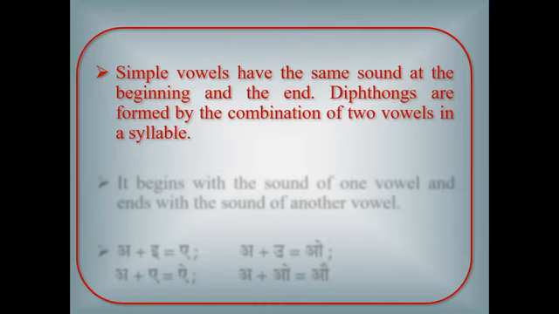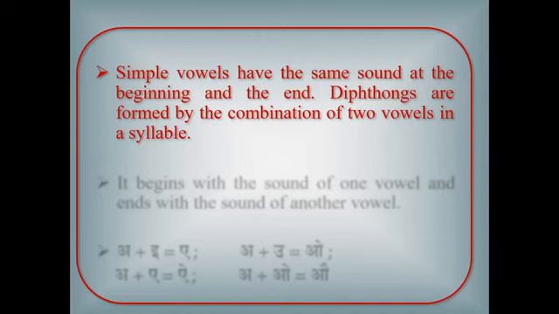Any sound produced from the mouth must have the place from where the sound originates, right? So that place of sound is constant. It is the same from the beginning to the end of the pronunciation.